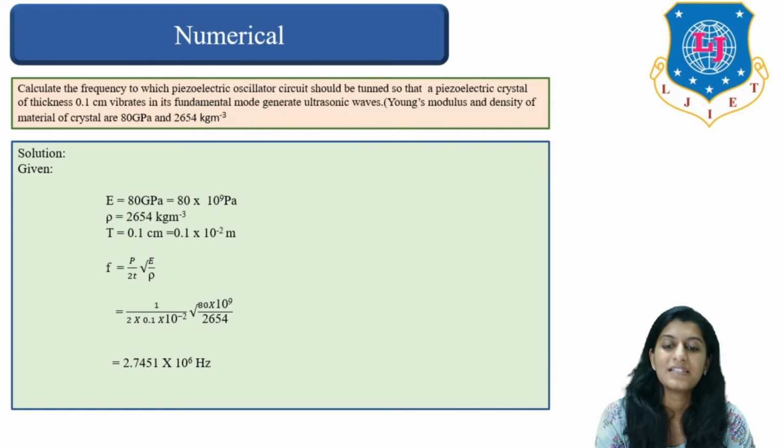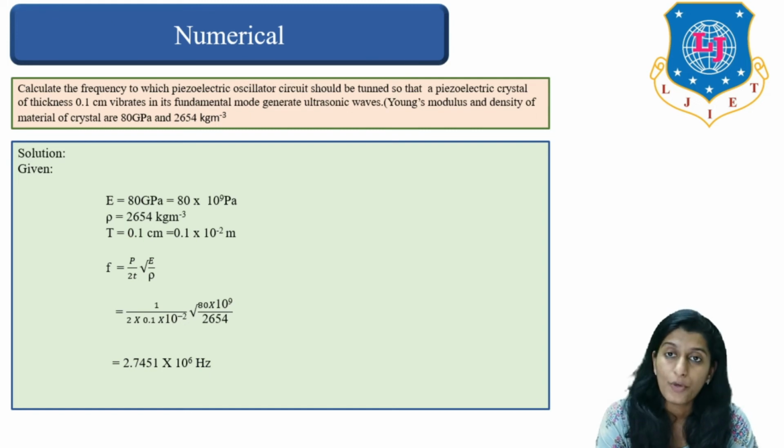Young's modulus and density of the material are given to us: Young's modulus is 80 GPa and the density of the material is 2654 kg per meter cube, right? So we need to calculate the frequency f.